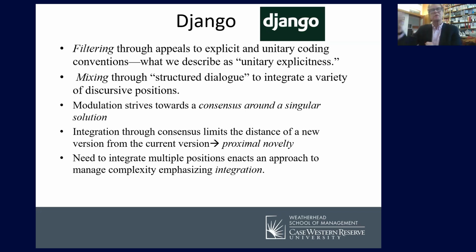It's like a slowly moving train which adds new cars and new features all the time, but it's the same train. Given this, they also had to integrate multiple positions, which enacts an approach to manage complexity that tries to cater to the needs of the whole community. They emphasize integration as a form of managing complexity.